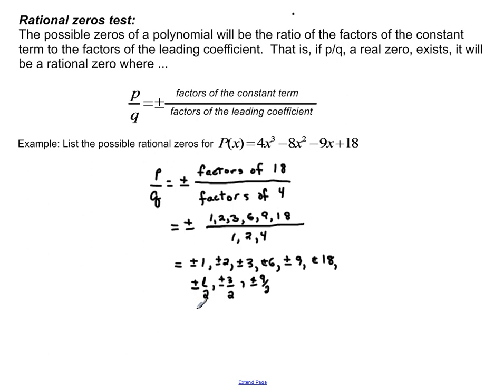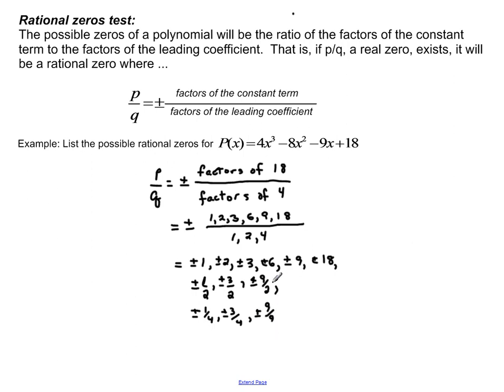Then we go to our factors over 4. We could have plus or minus 1/4 as a possible zero. We could have plus or minus, well, 2/4 has been covered, that's 1/2, but 3/4 is another possible rational zero. 6/4 reduces to 3/2, we don't want that, but 9/4 is another possible zero.